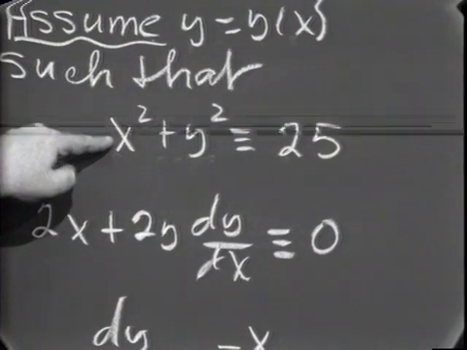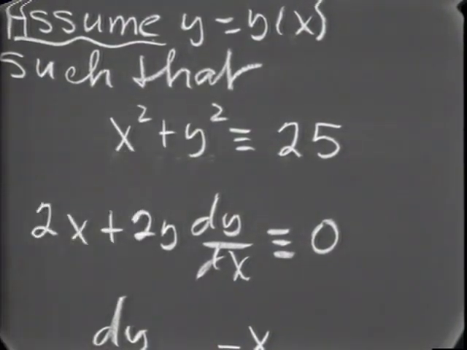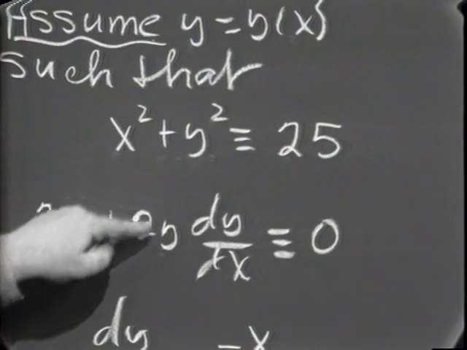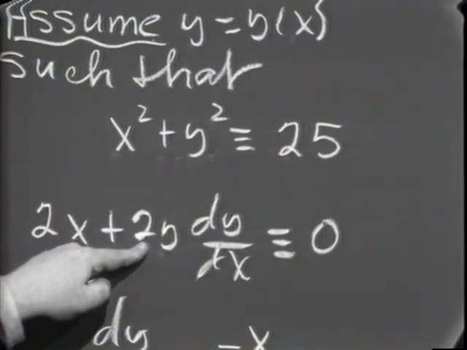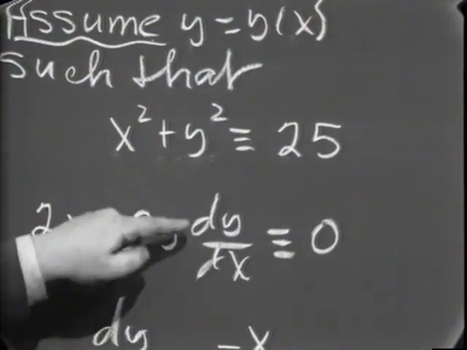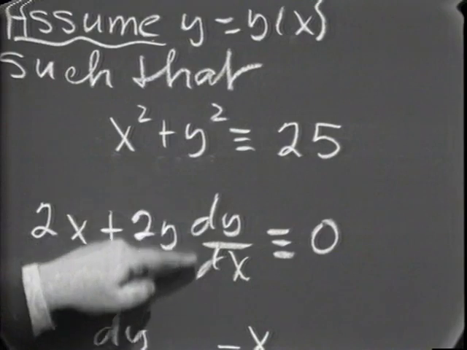The derivative of x squared with respect to x is 2x. The derivative of y squared with respect to x is not 2y. The derivative of y squared with respect to y is 2y. By the chain rule, the derivative of y squared with respect to x is what? The derivative of y squared with respect to y times dy dx.